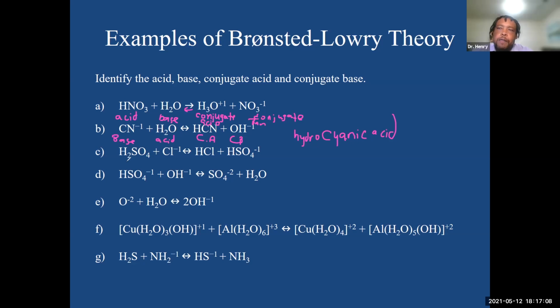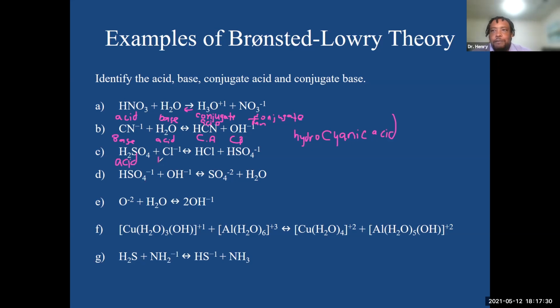Okay, what about the next one? Sulfuric acid and chloride ion. Sulfuric acid would be the acid. Okay, I would hope so since it ends with acid.